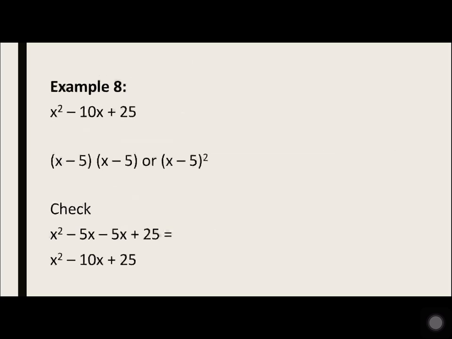Outside, x times negative 5, negative 5x. Inside, negative 5 times x, negative 5x. Last, negative 5 times negative 5, positive 25. Our O and our I, minus 5x and minus 5x is minus 10x. Always FOIL to make sure it's correct. That's the end.